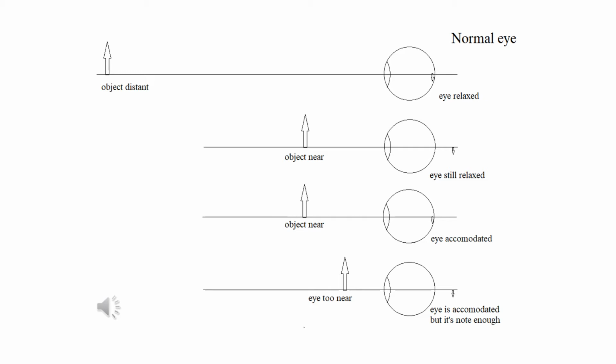The normal near object distance of focusing is about 25 centimeters for the normal human eye. Now in the bottom image, the object is too close to your eye. The eye has already accommodated, the muscles have squeezed the lens as much as they can, and so now when the image moves even farther out, your eye isn't capable of bringing it back onto the retina because the eye is already accommodated as much as it can.